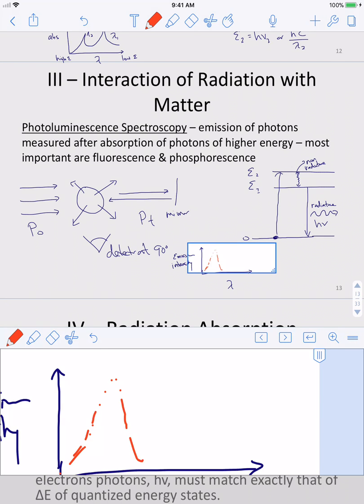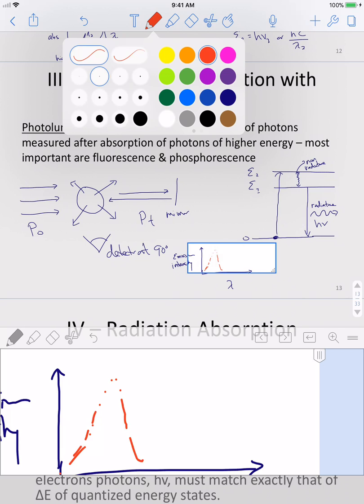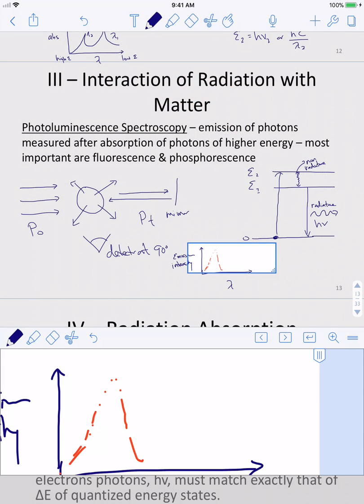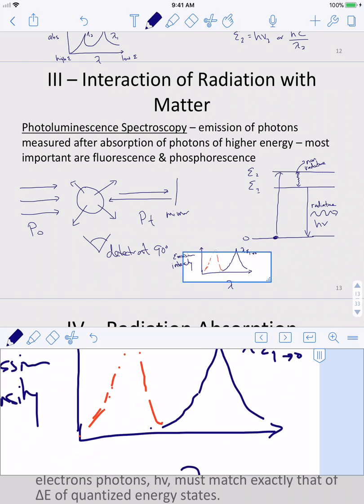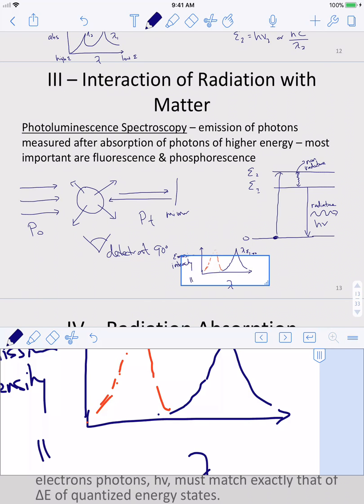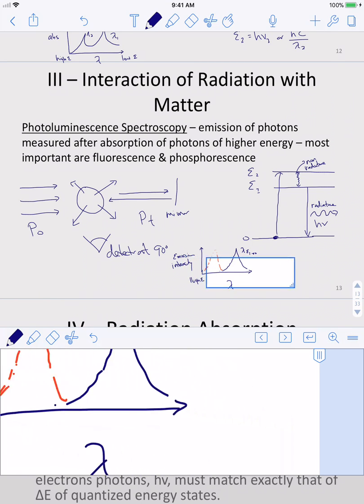And then we would get an excitation peak there at higher energy. And then we would get an output at a lower energy for the emission we're going to call 1 to 0, which is from the first excited state back to the ground state. And that would be a lower energy photon, so a higher wavelength photon. So it would be redshifted. So again, this is high energy, and this is low energy.